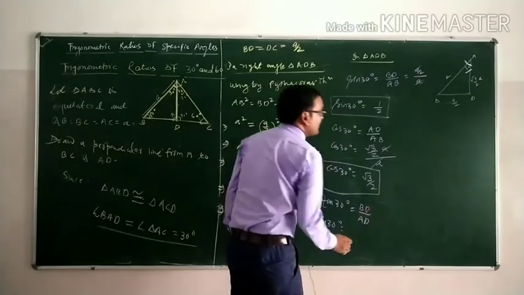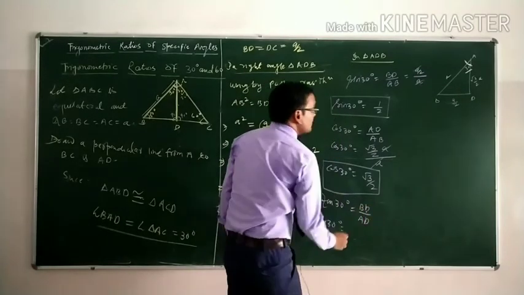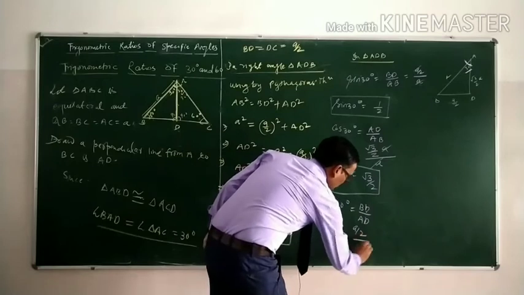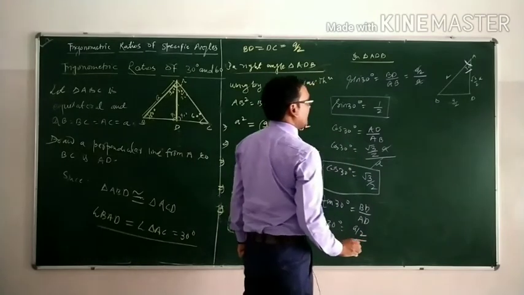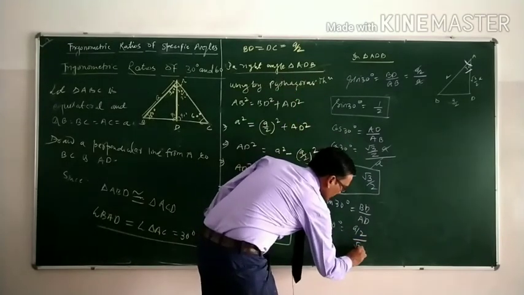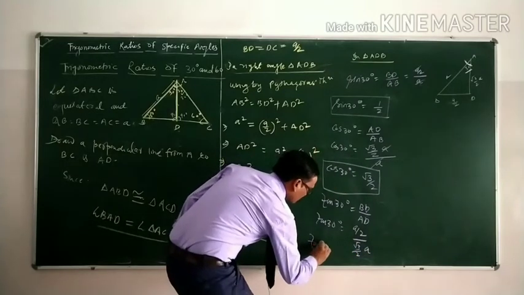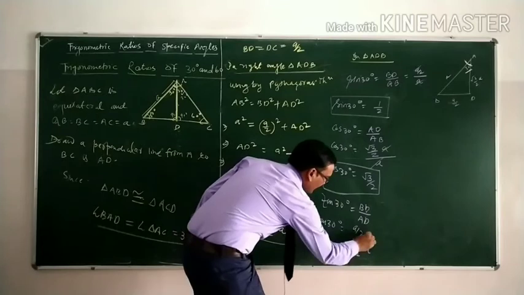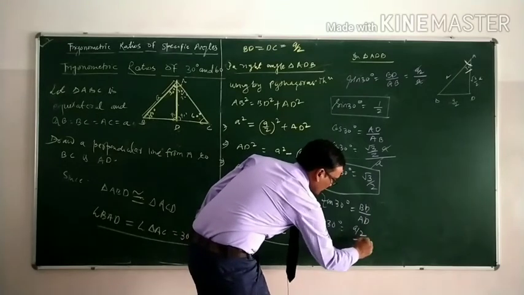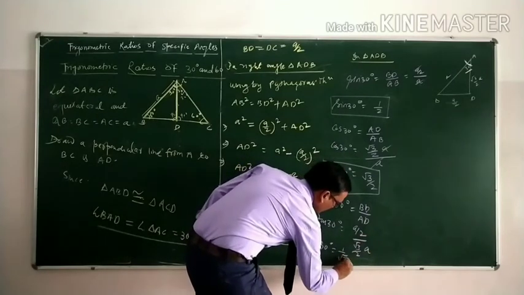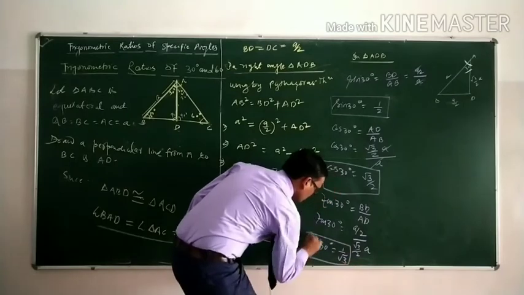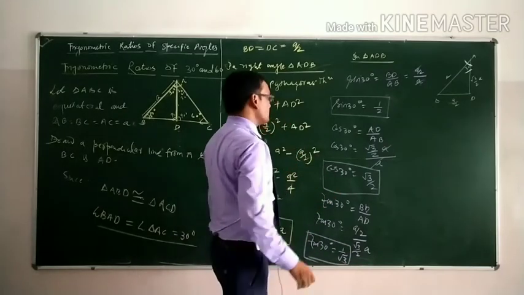The value of BD is A by 2 and the value of AD is square root 3 by 2A. This gives tan 30 is, A cancel, 2 cancel, 1 upon square root 3.